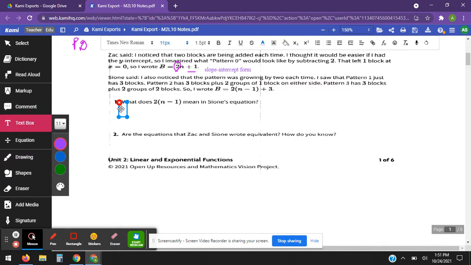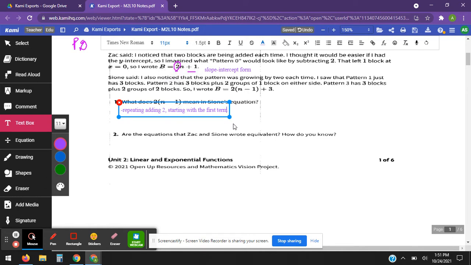So we're going to put a few things here. One, we know it is repeating the adding 2. That's what this first part is right here, that 2. And we also know it starts with the first term, which is that minus 1, right?